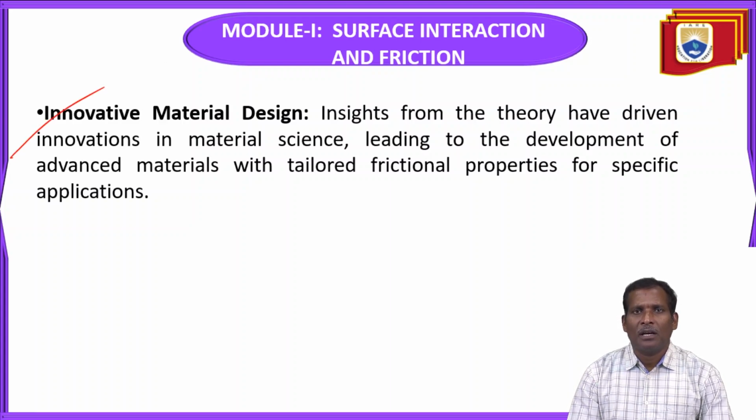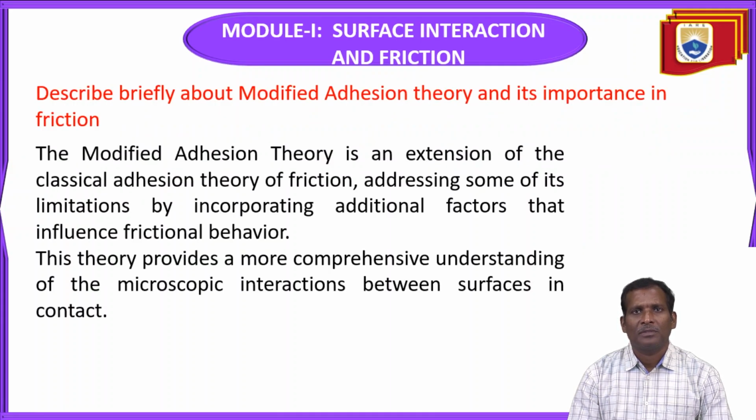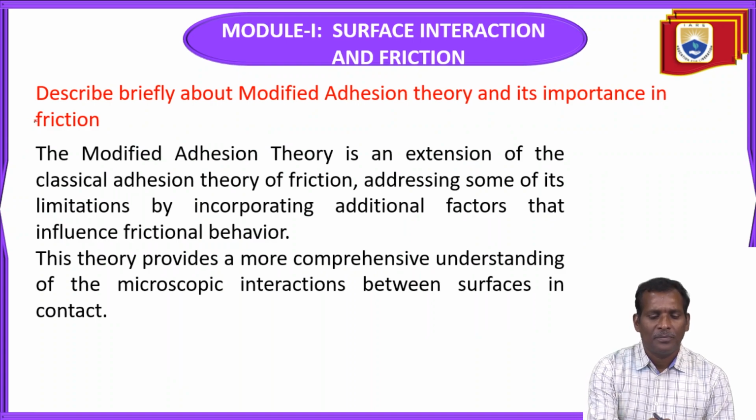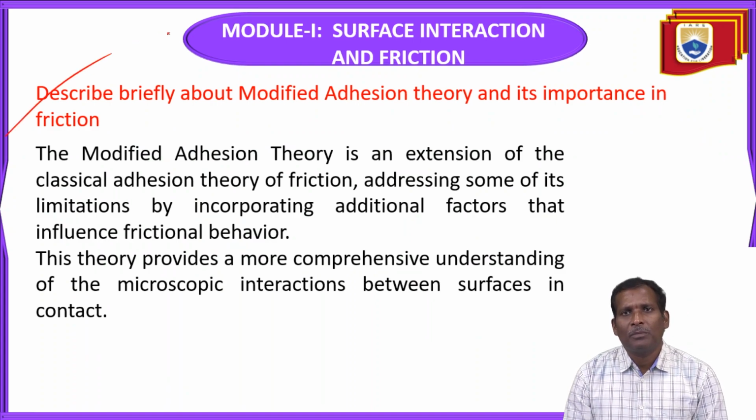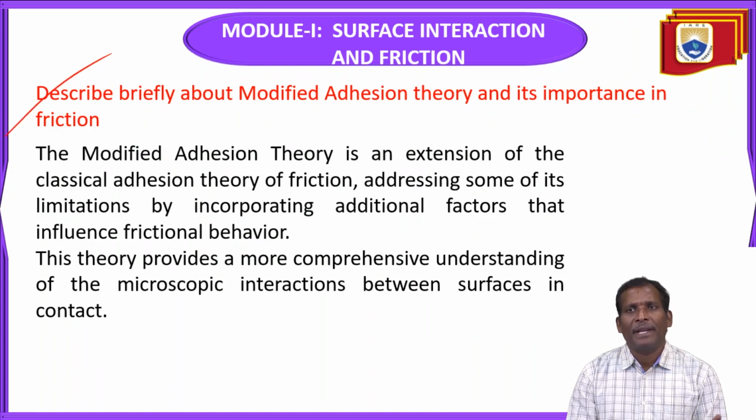Insights from the theory have driven innovations in material science, leading to the development of advanced materials with tailored frictional properties for specific applications. So next question is, describe briefly about modified adhesion theory and its importance in friction.